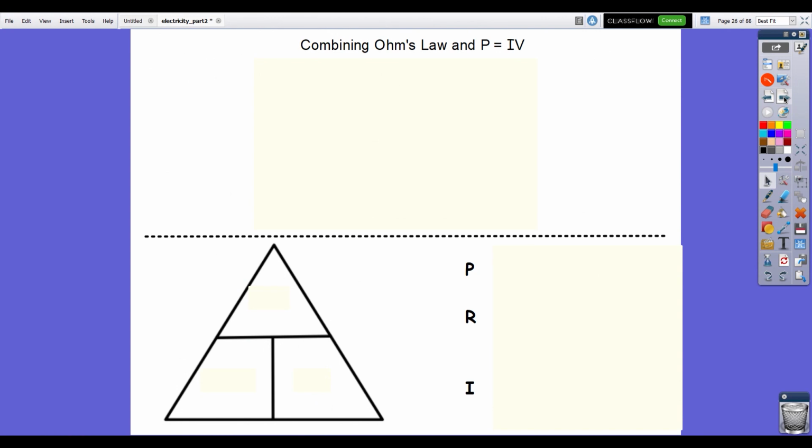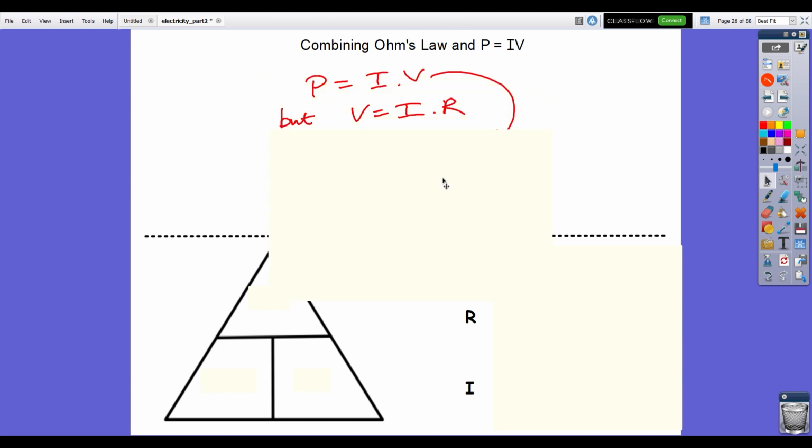Well, we can also combine the power equation with Ohm's law. So let's see how that would work. P equals IV is the formula we've done today, but V equals IR is Ohm's law.